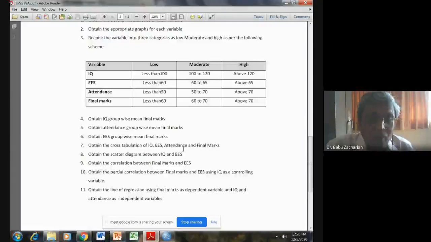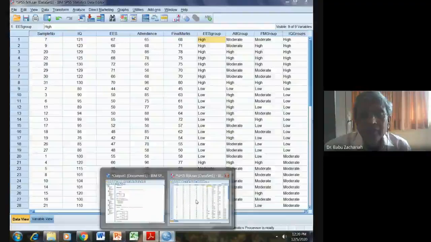Obtain the cross tabulation of IQ, EES, attendance, and final marks. So here 4 variable groups are involved, and you want to create a cross tabulation of that. So we'll do that here.